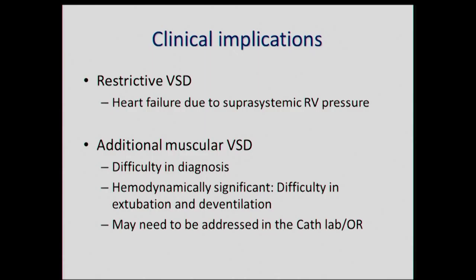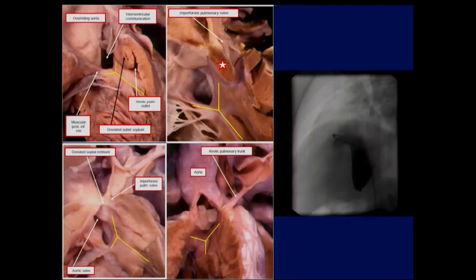Now, these VSDs can be hemodynamically insignificant, in which case they would probably leave behind an additional murmur in these patients. But if hemodynamically significant, they can cause serious problems during extubation and deventilation, and they may need to be addressed either in the catheterization laboratory or in the operating room.